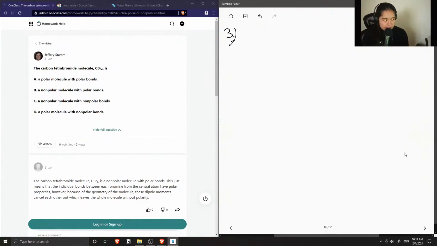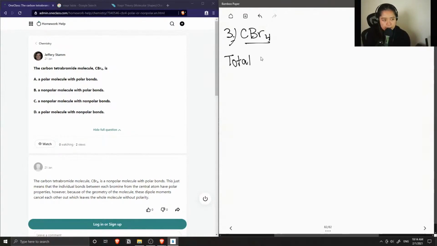Okay, so first let's show what carbon tetrabromide looks like just by drawing out its Lewis structure. Drawing the Lewis structure will help us visualize what the molecule would look like to see if it has any lone pairs or if there were any dipole moments, if they cancel out.